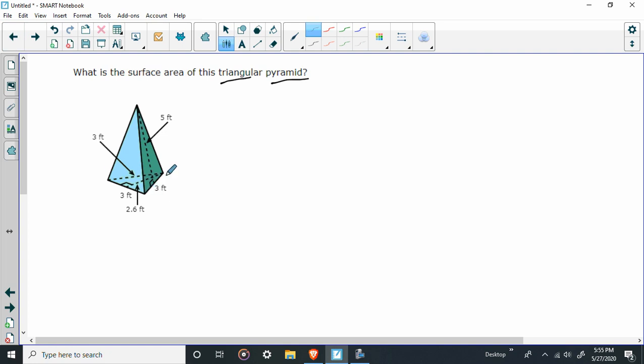In this case, you need to take the area of the base, right? And to that, you need to do the area of each side. If you noticed, since these are all three, the three sides of this pyramid are actually all the same.